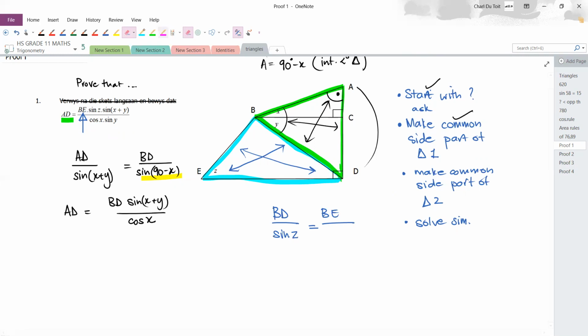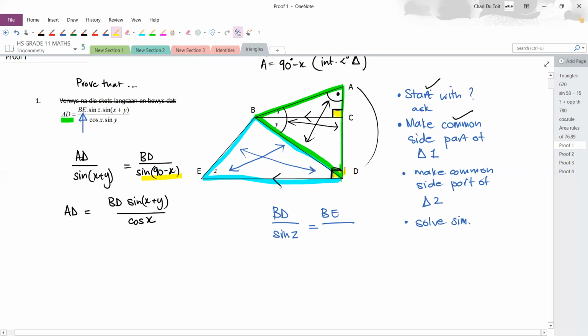Can you see that BC is parallel to ED? Because these two angles are both 90 degrees. Can you hear me now? Yes, sir. Can you see that this angle here, I'm going to make it yellow, is 90 degrees. And the one at the bottom there is also 90 degrees.